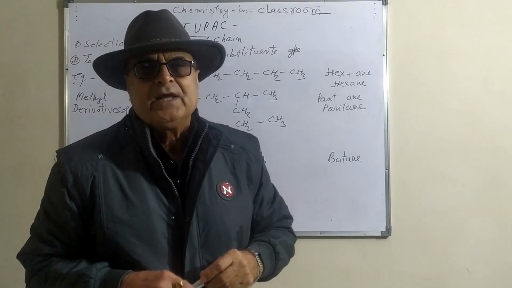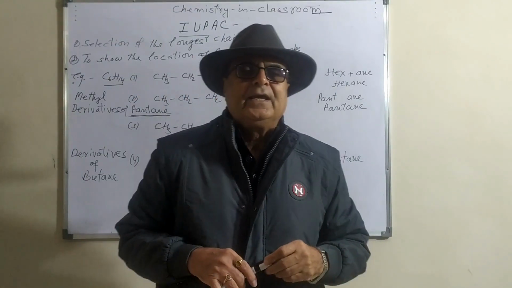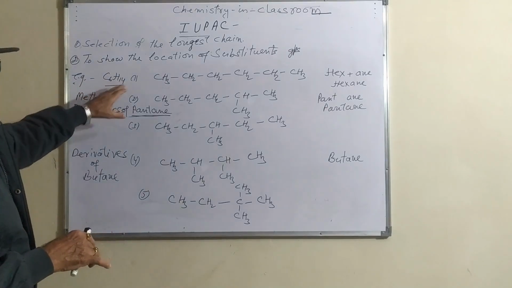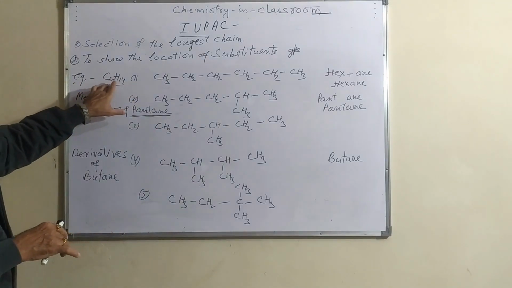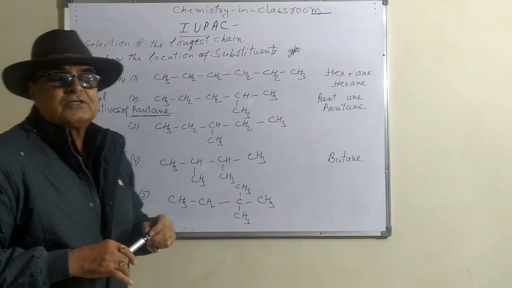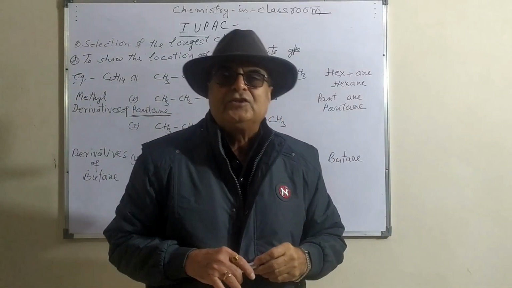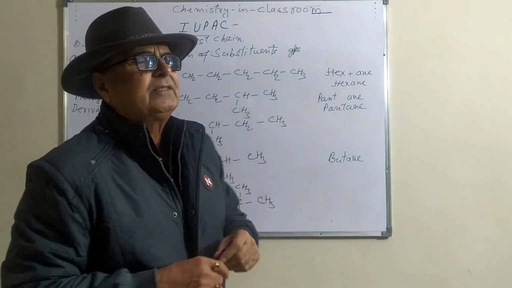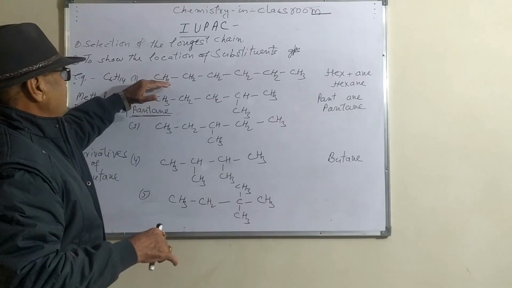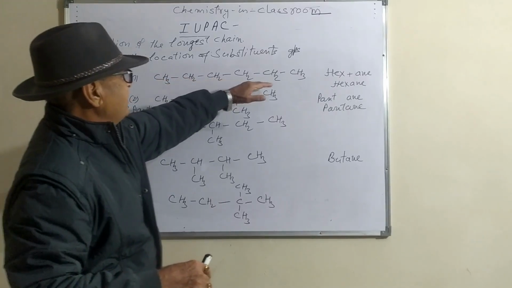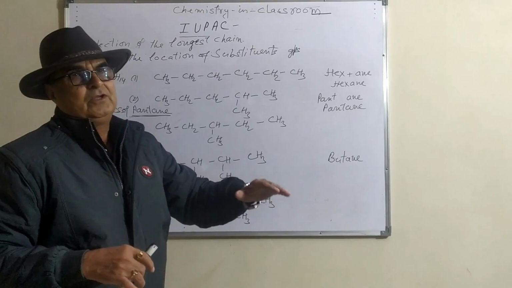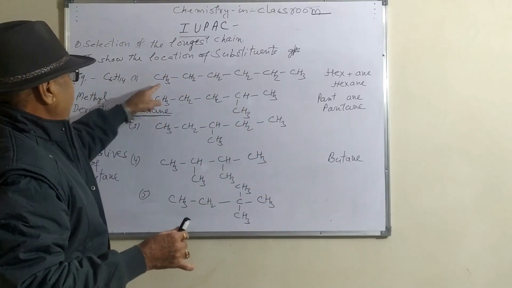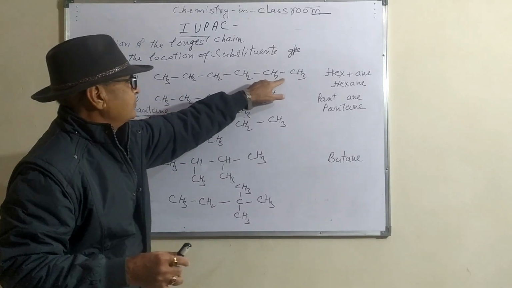To make you understand, I will take an example of the molecular formula C6H14. If I ask you to write the possible structures of this C6H14, you will write CH3, CH2, CH2, CH2, CH2, CH3. This structure has 6 carbon atoms and 14 hydrogen atoms.